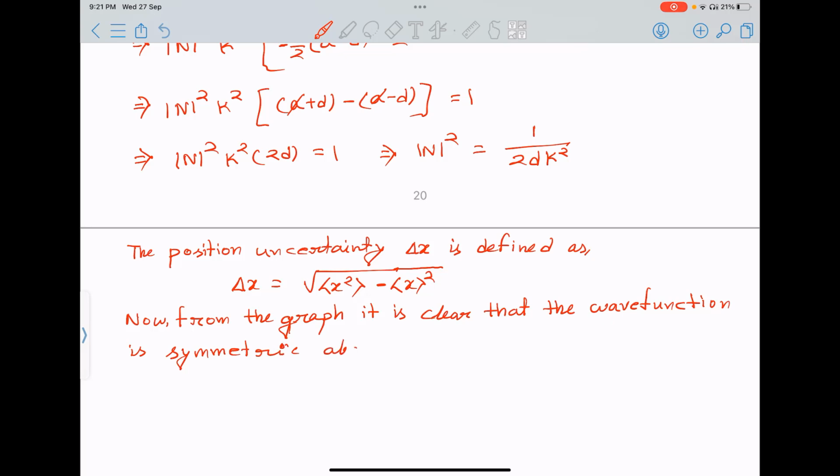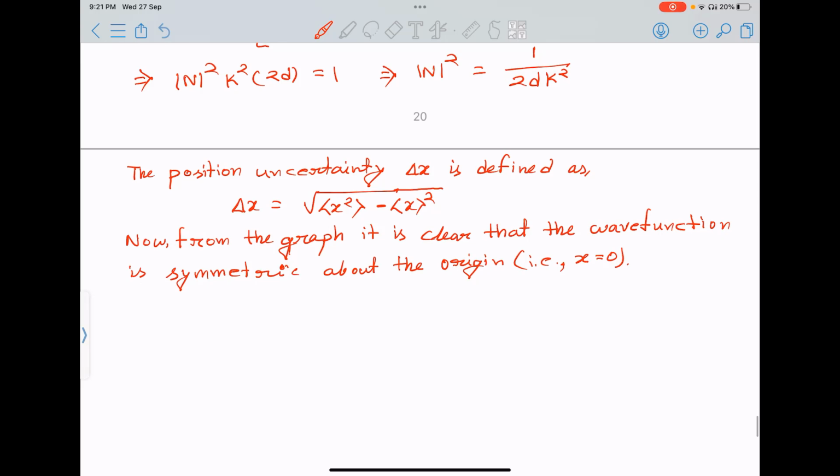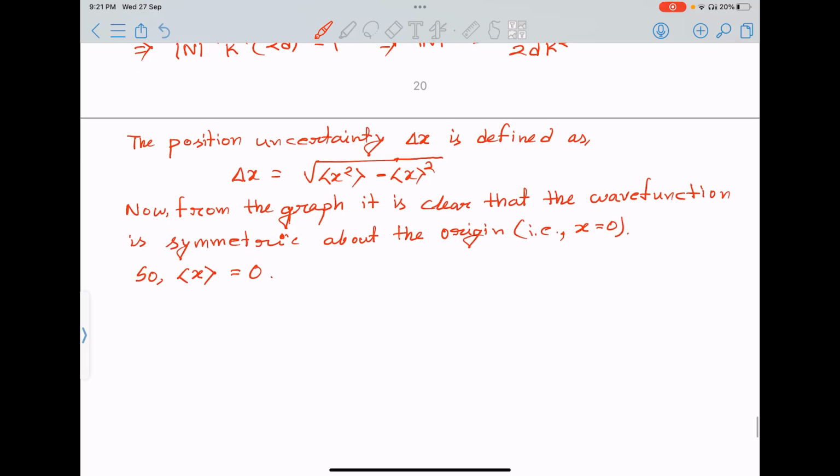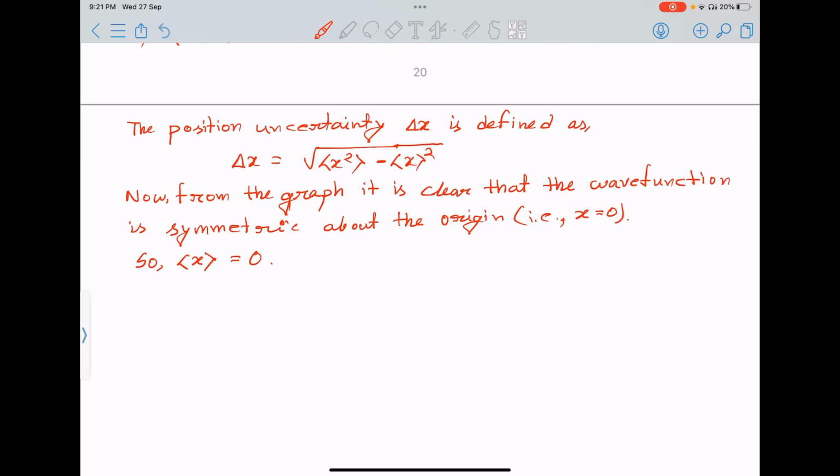Symmetric about the origin, that is x equals to 0. Okay. So we can directly say that expectation value of x equals to 0. Right? So our job is to find expectation of x square.